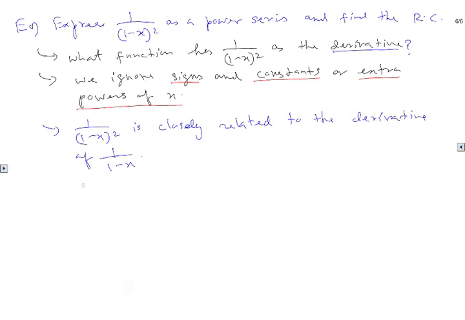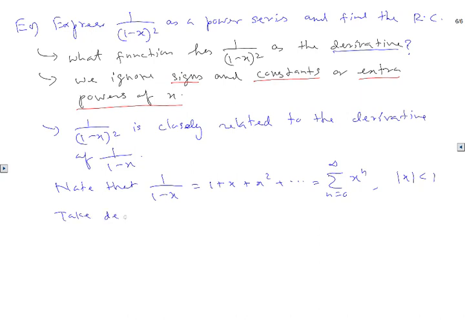So let's note that 1 over 1 minus x, which is 1 plus x plus x squared and so on, equals sigma n going from 0 to infinity of x to the n, for absolute value of x less than 1. Now we take the derivative of both sides.